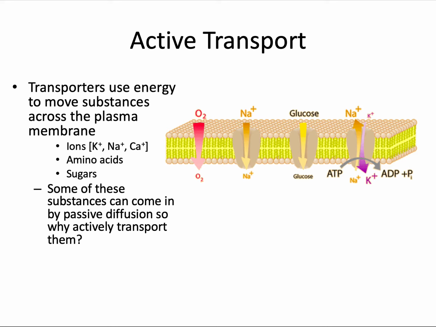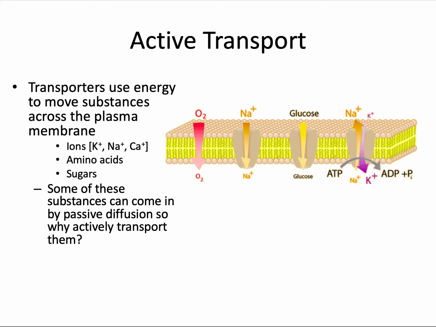In that case, you're not going with the concentration gradient, you're going against the concentration gradient, because there is more inside the cell than outside the cell, but the cell still needs more of it. Now in this case, you need energy to move these substances into the cell, because you're moving them against the concentration gradient. And that is where active transport comes in.